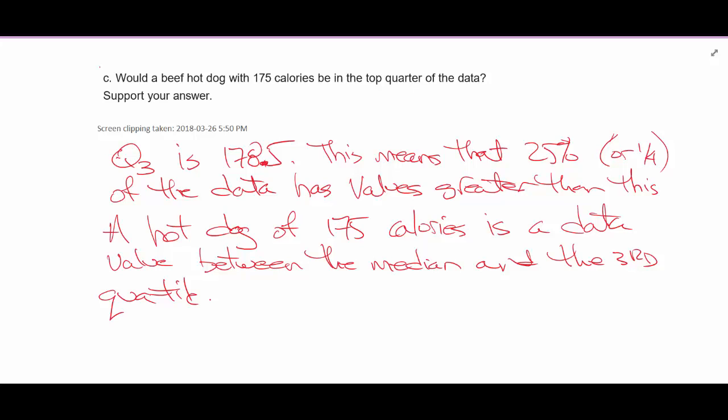So the hot dog with 175 calories is in the collection of data that's more than 50% of the data, but less than 75% of the data. And so in order for that hot dog to be in the top quarter, it would have to have more than 178.5 calories, maybe 180, 200. Well, actually, the maximum is 190, but it would have to be more than 178.5.